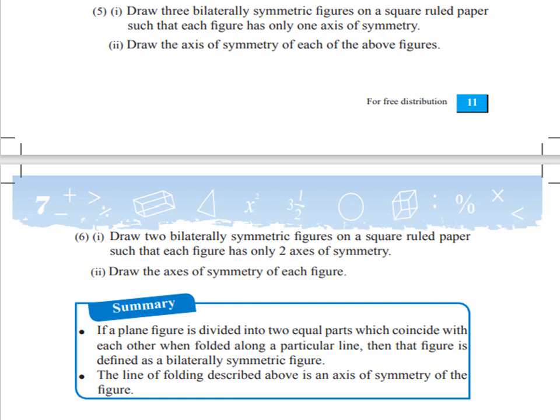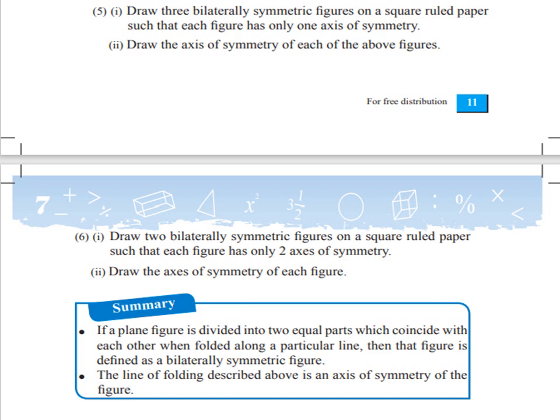So guys, in the first one, they draw three bilaterally symmetric figures on a square ruled paper such that each figure has only just one axis of symmetry. That means all the figures should have only one axis of symmetry. That means you can take a triangle which has only two sides equal, and that means that has only one axis of symmetry.